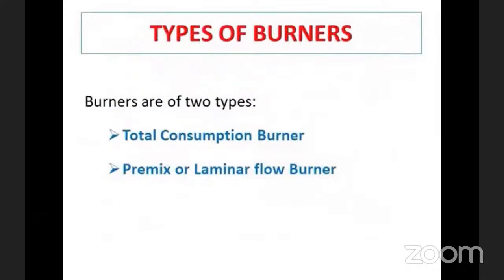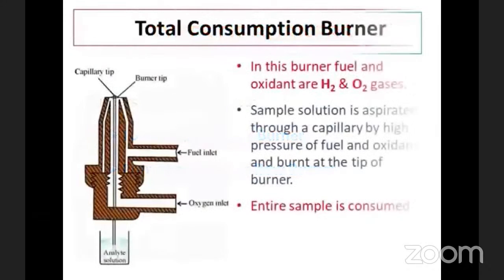Let us see the different types of burners or flame atomizers used in flame photometry. Generally, two types of burners are used: first, total consumption burner, and second, premix or laminar flow burner. This is the schematic diagram of the total consumption burner.